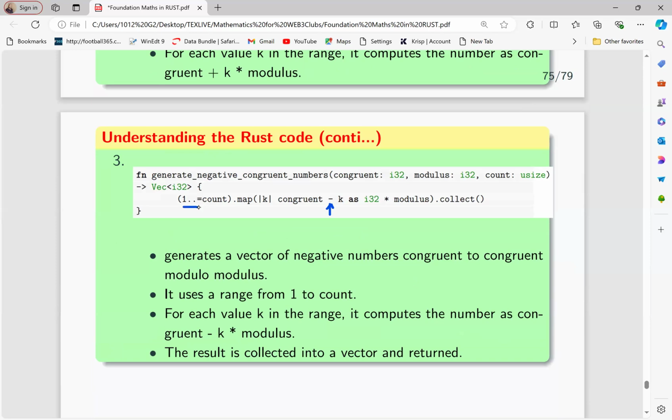So if you wanted 11 numbers, K will range from 1 to 11. But for the positive, if you wanted 11 numbers, K will range from 0 to 10. This will be 11 numbers, and again, this will be 11 numbers. I've emphasized that formula here.